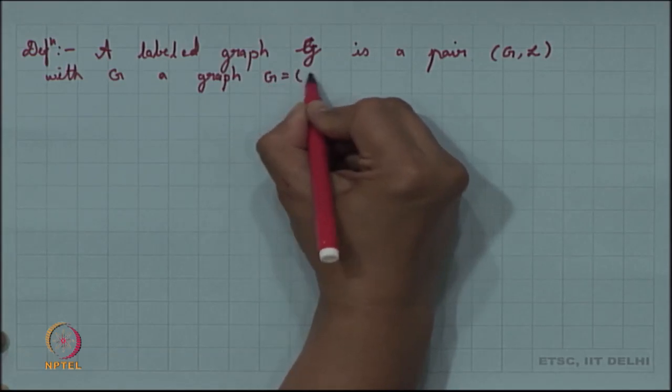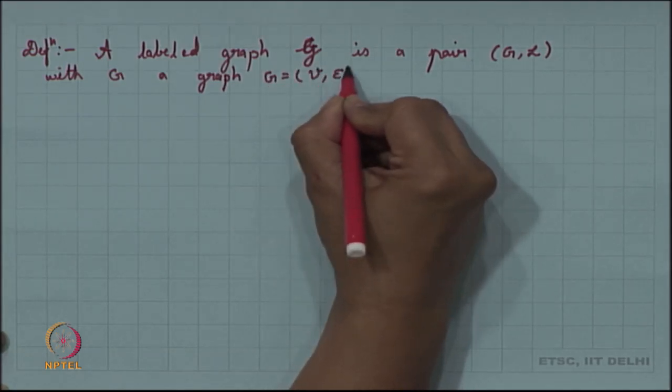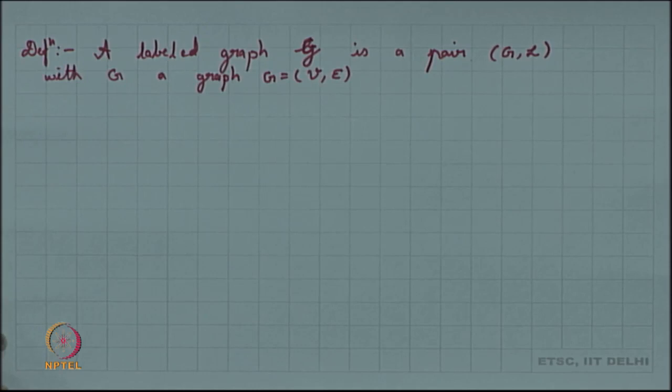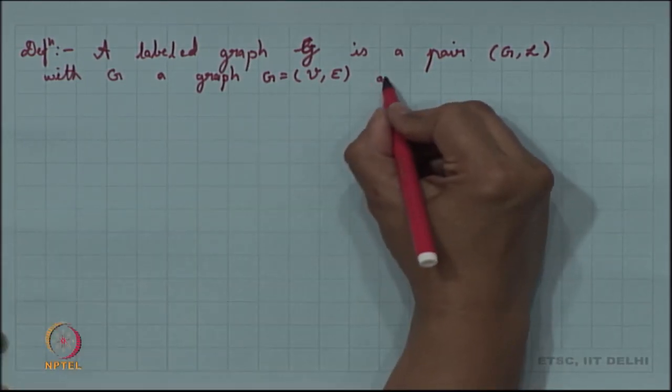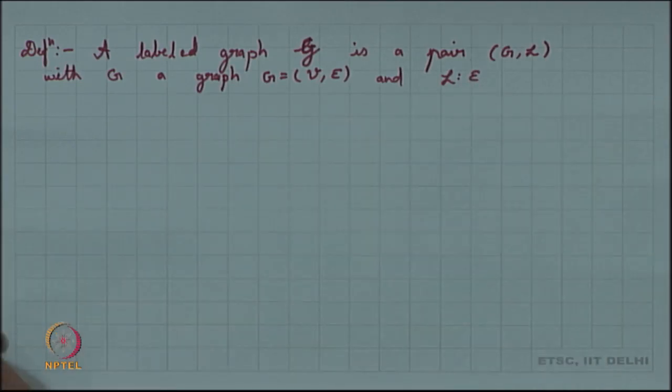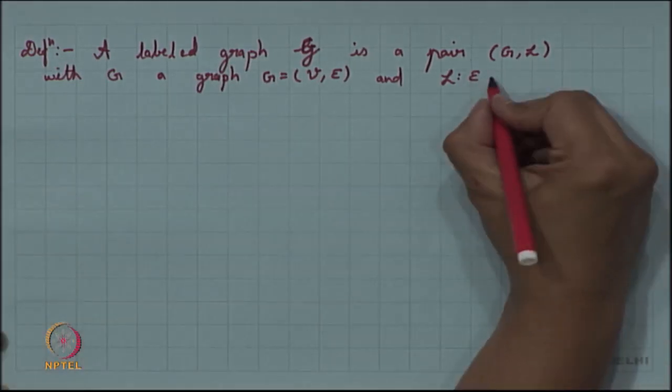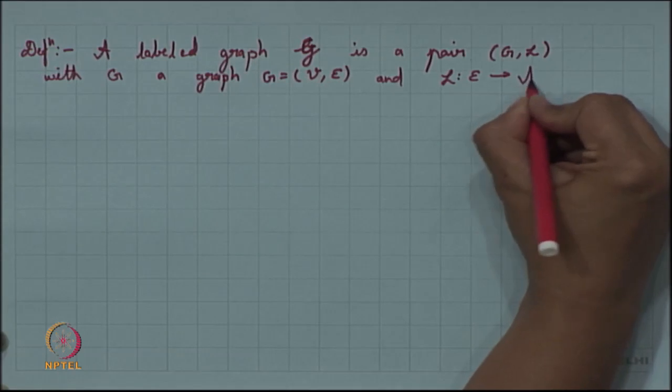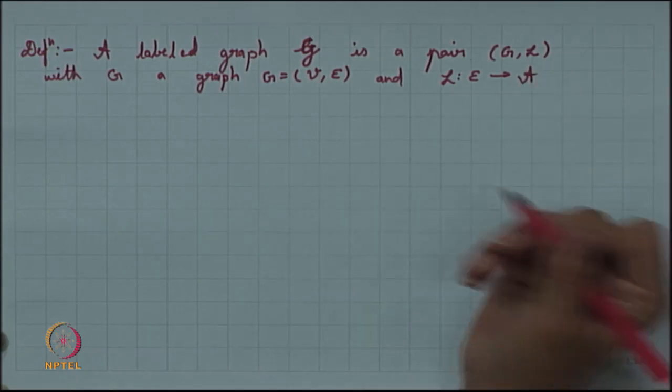So, G is my graph with V as a vertex set and E as an edge set, and my L happens to be a function from the edge set E to the set A, which we call an alphabet set.